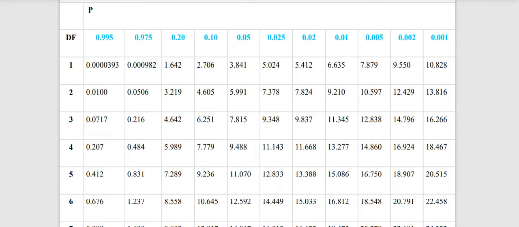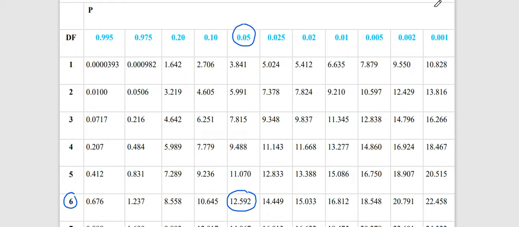We need degrees of freedom 6, and for the probability we take 0.005. So we find this number, let me write it down, 12.592.